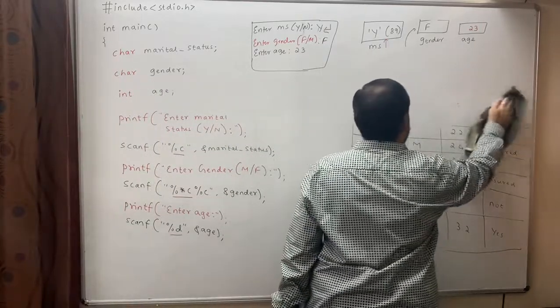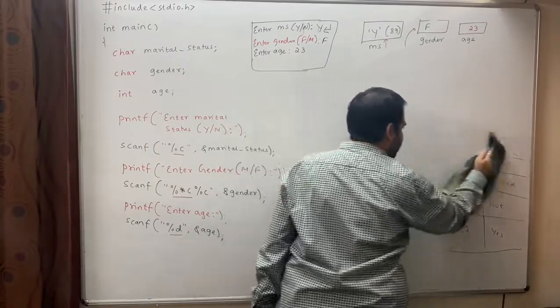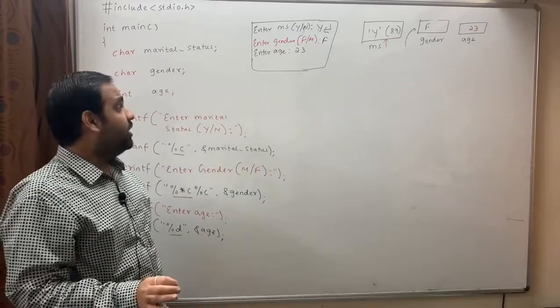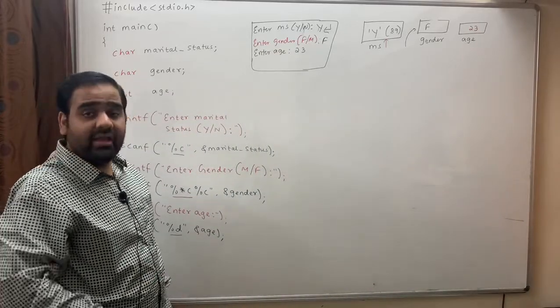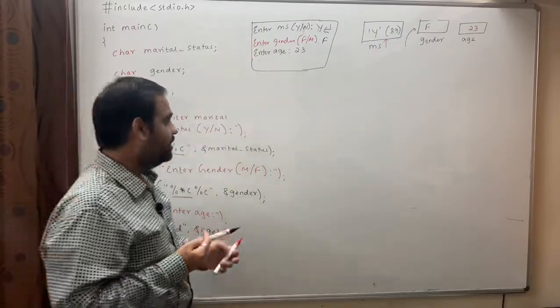Now you need to take action based on those inputs. How do we take the action? Let's see one by one by writing the conditions. What is the first condition? If the employee is married, irrespective of gender and age, I need to take the decision.